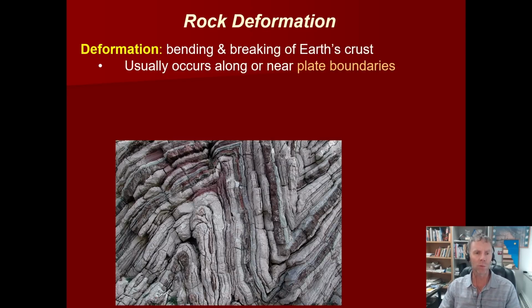So first of all, as rocks get deformed, we're going to see that they can do one of two things in general. The main type of rock that we're going to observe most of the time is our sedimentary rocks and maybe some of our foliated metamorphic rocks, because those rocks have layers. And oftentimes it's hard to see rocks that have broken and been offset along faults, or rocks that are folded, if they are not layered rocks.